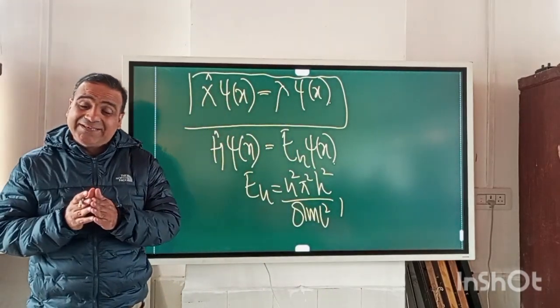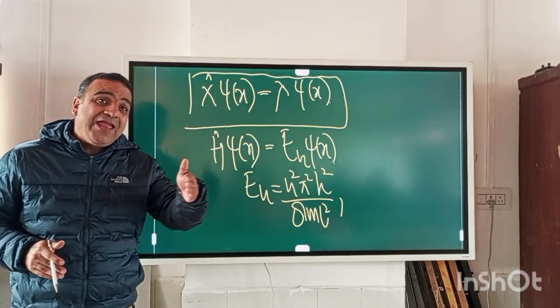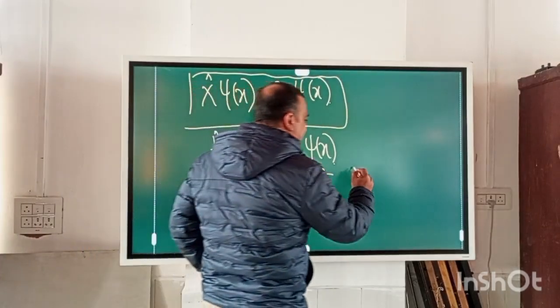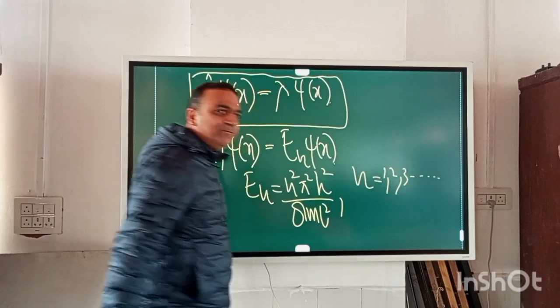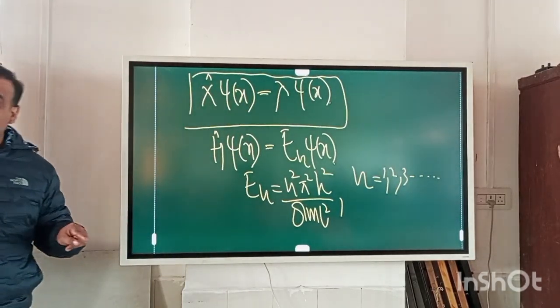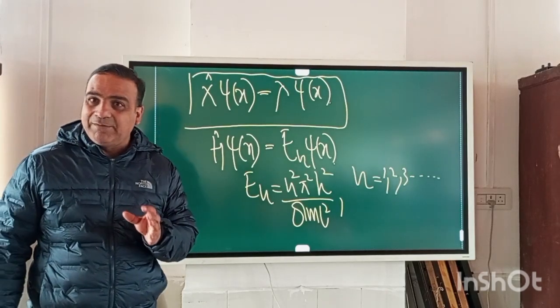So the point is that corresponding to an operator, you can have a range of energy eigenvalues because n can be 1, 2, 3 and so on. This is how it goes. And if you rightly remember, we obtained the energy eigenfunction. You remember that?